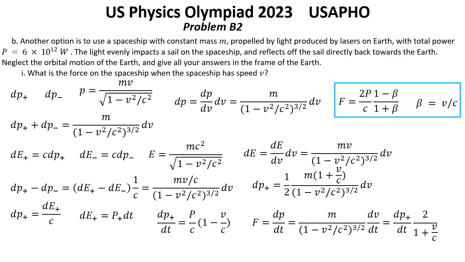Finally, force equals 2P over c multiplied by 1 minus beta over 1 plus beta, where beta is the regular expression for v over c. That was the solution for the first question in part B.